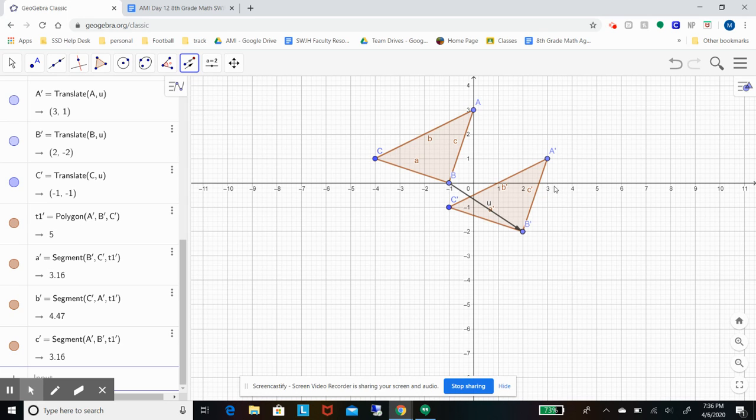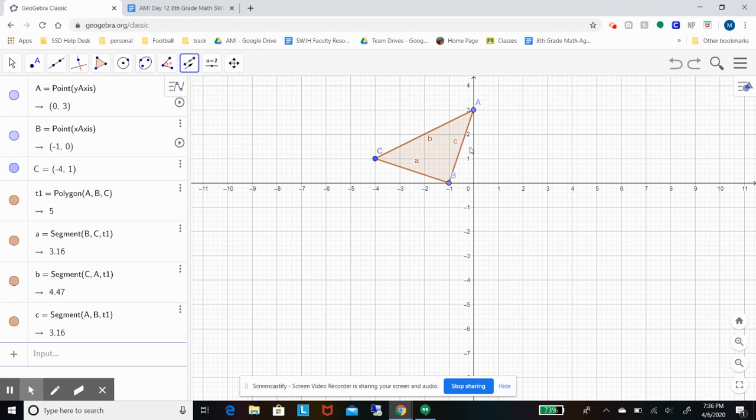Notice that orientation, A to B to C, A to B to C, they're both clockwise, so orientation stays the same. Translation, we have the same shape, same size, and the corresponding angles are congruent. So that's a translation.